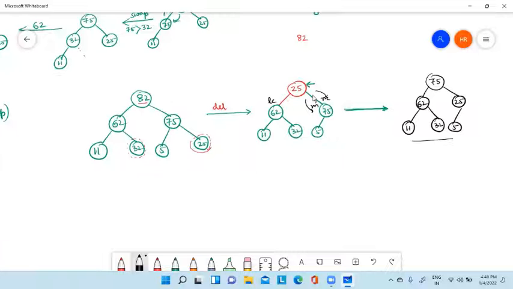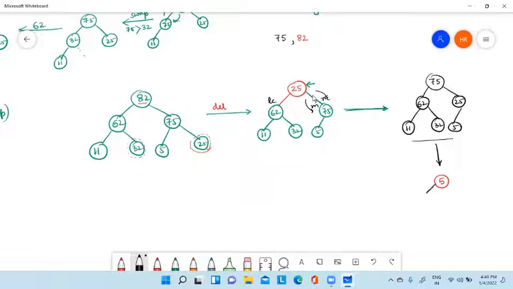Next, again deletion. If I delete from this, what will happen? Deletion means I will get 75, so I am storing it. Next deletion, I get 75, I will store it in this way. And which one will replace this? Obviously 5 will replace this. So I will get 5 in this topmost position.